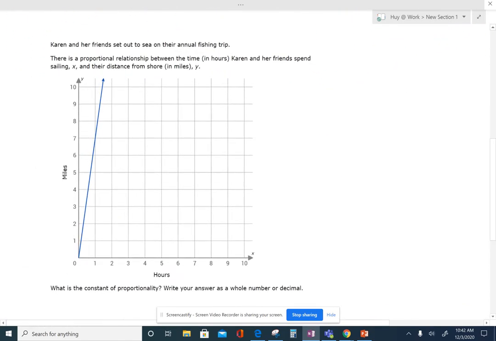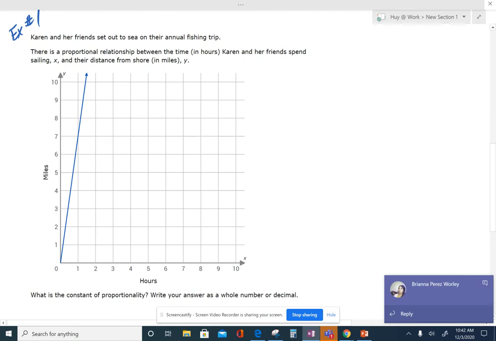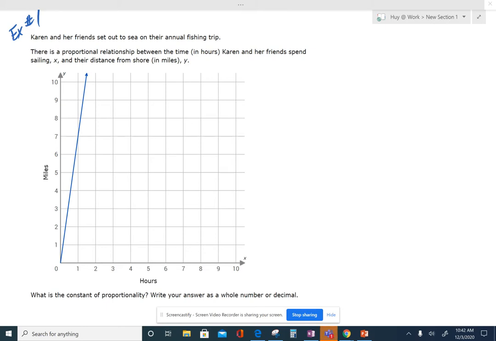All right, so example 1 says Karen and her friends set out to sea on their annual fishing trip. There is a proportional relationship between the time, which is in hours, that Karen and friends spend sailing and the distance from the shore.